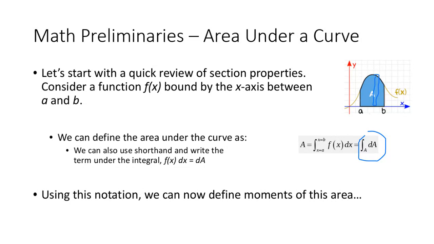Each of those rectangles is dx wide and f of x tall. And so the area of each of those little rectangles I'm calling dA, so just f of x dx. It's just a shorthand way of writing the area. Okay. Now hopefully that should be pretty easy, that by now the area under a curve is pretty straightforward.